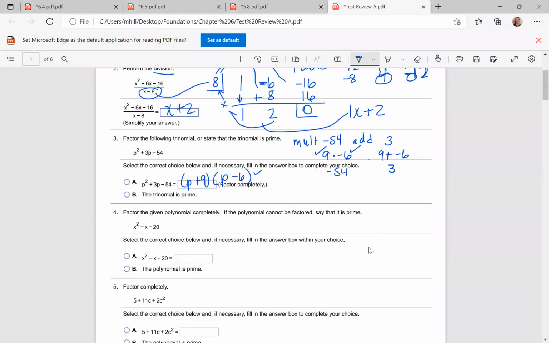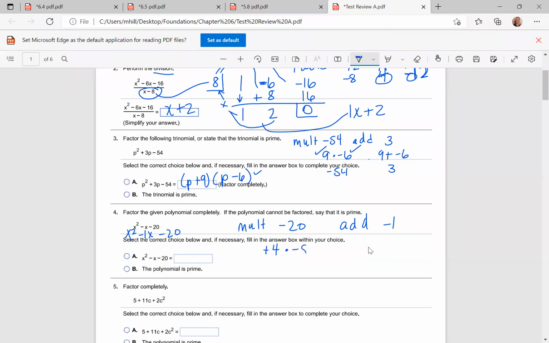Okay. On this one, we're looking for two numbers that multiply to give us negative 20 and add to give us negative 1. So this can be rewritten as x squared minus 1x minus 20. This one's kind of easy, so I could go to my calculator and do that same thing, but negative 4, no, it's going to be opposite.